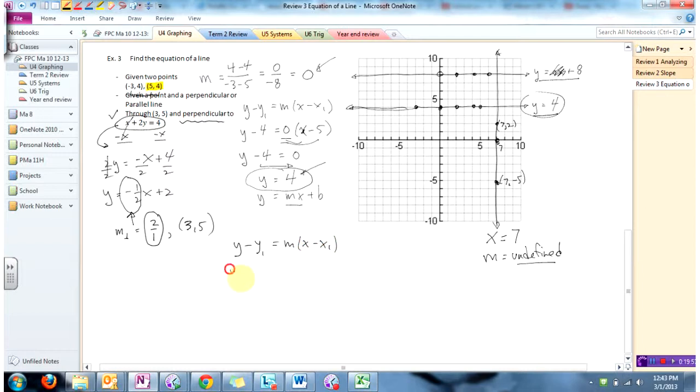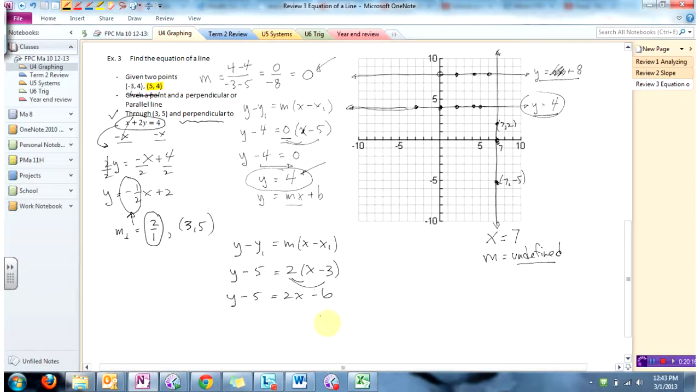Let's plug in our numbers. Y minus the y coordinate equals m times x minus the x coordinate. Let's now put it in what's called general form. General form means no fractions, no brackets.